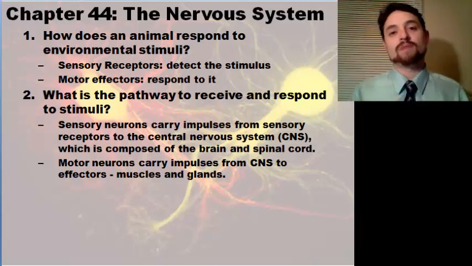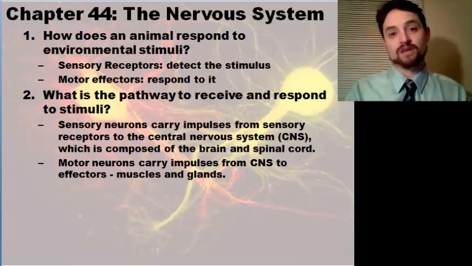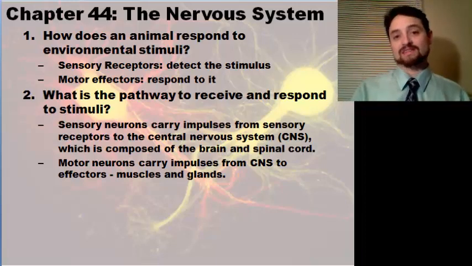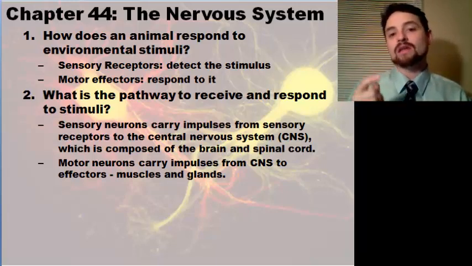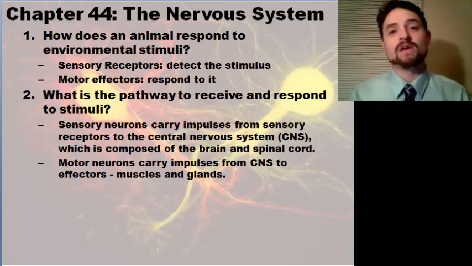Now, you may think of this as the example of you're walking through your house in the middle of the night, Lego left out in the hallway or in the living room floor, and you step on it. So the sensory receptors in your foot are going to detect that stimulus of that Lego, and they're going to send that to the brain, or at least to the spinal cord and into the brain. And then there's going to be motor effectors that will respond to that, that will cause you to pick your foot up off of that Lego.